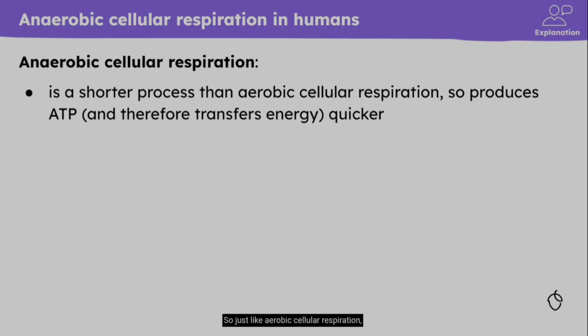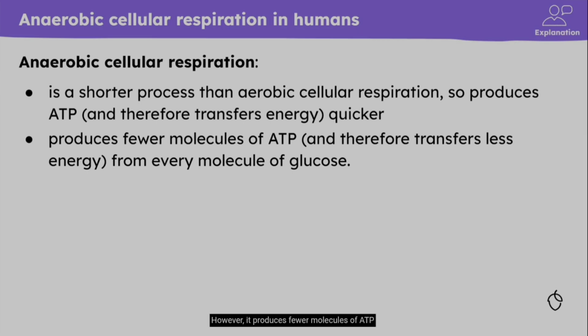So just like aerobic cellular respiration, anaerobic cellular respiration produces the compound ATP. Anaerobic cellular respiration is a shorter process than aerobic cellular respiration, so it produces ATP and transfers energy quicker. However, it produces fewer molecules of ATP and therefore transfers less energy for every single molecule of glucose.